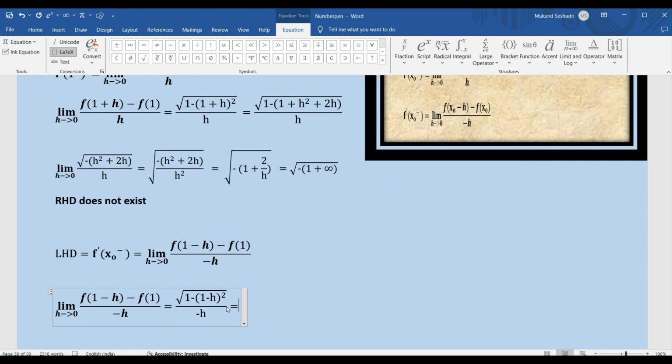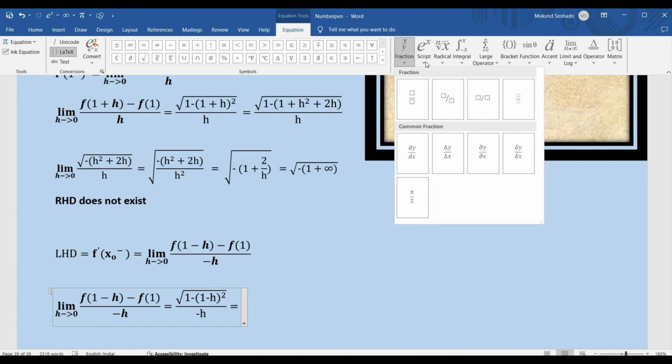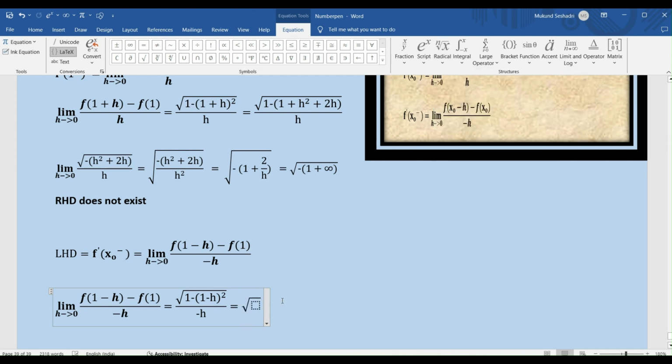And then I can further simplify and rewrite the expression inside the square root, right? And what is that? 1 minus h the whole square is 1 plus h square minus 2h, right?